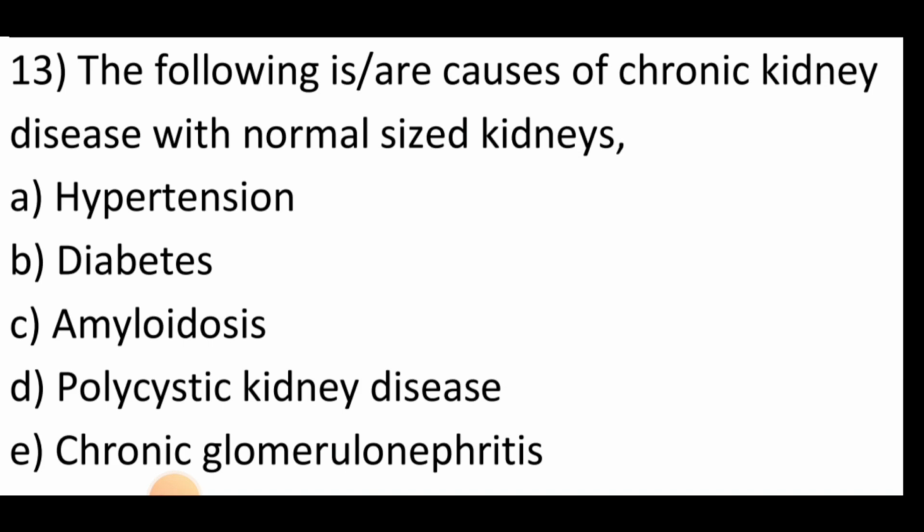However, in patients with polycystic kidney disease, autosomal dominant type, the kidneys are enlarged. Therefore, normal size kidneys are not there. So, answer D in this question is false. Later, in a future video regarding chronic kidney disease, we can discuss this whole question. But for the time being, you remember polycystic kidney disease for this question is false.